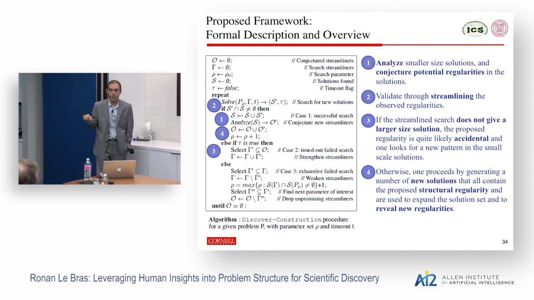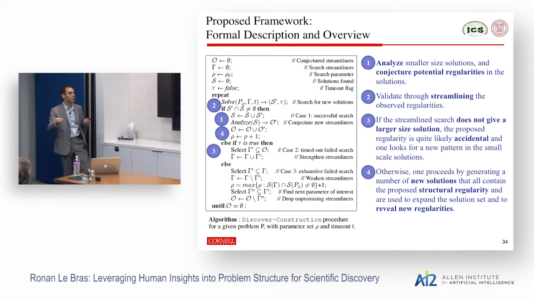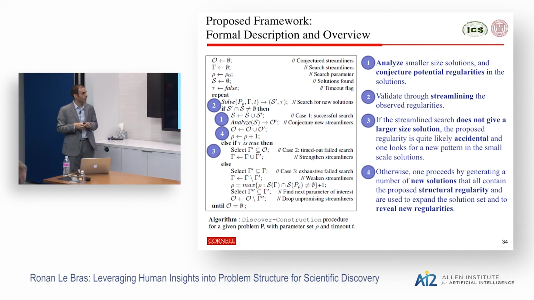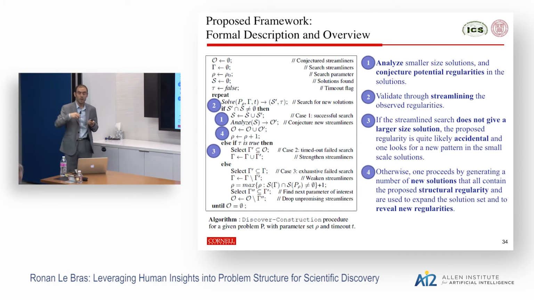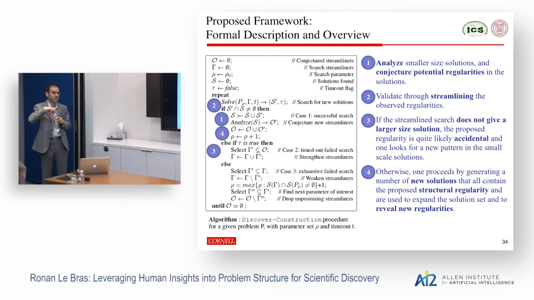So you start by analyzing smaller size solutions, and you conjecture potential regularities in the solutions that you've been able to generate. And then you validate through streamlining some conjectured regularities. And if you cannot actually generate larger size solutions, it means that these regularities were quite likely accidental.